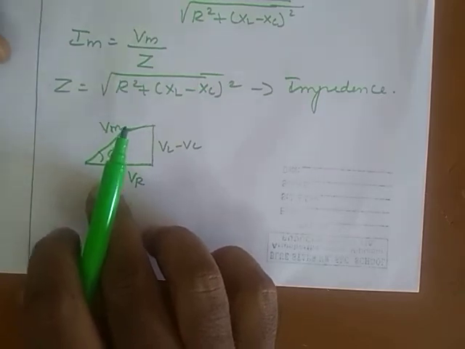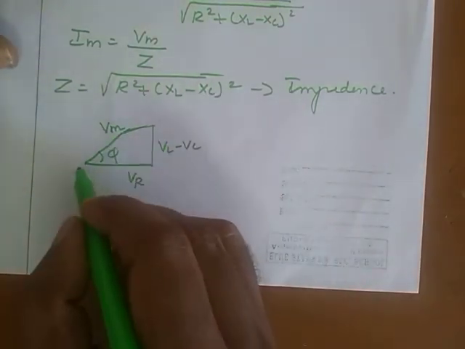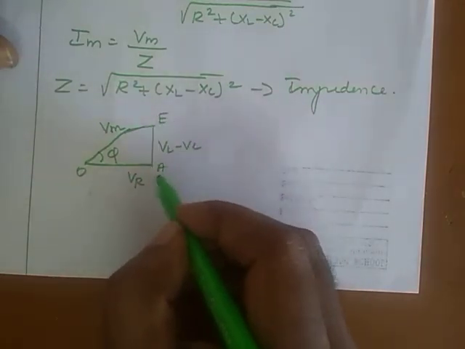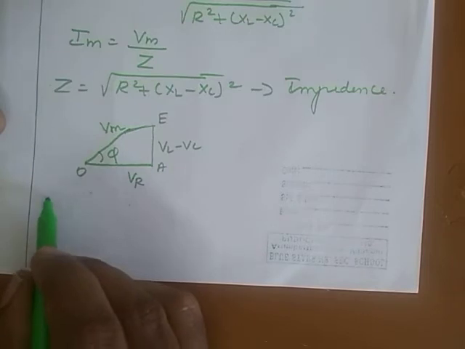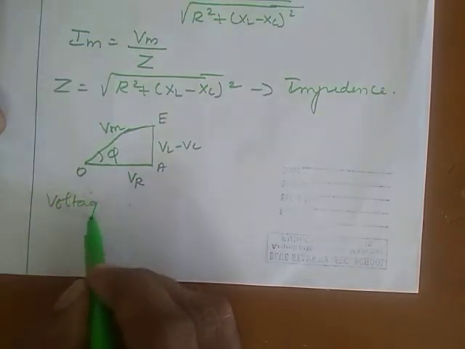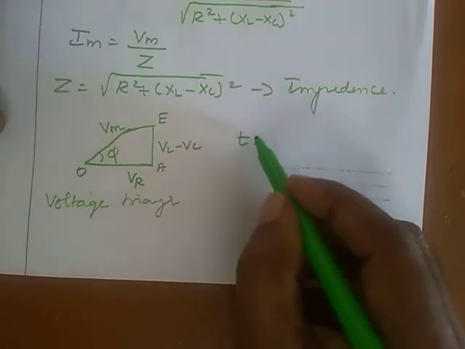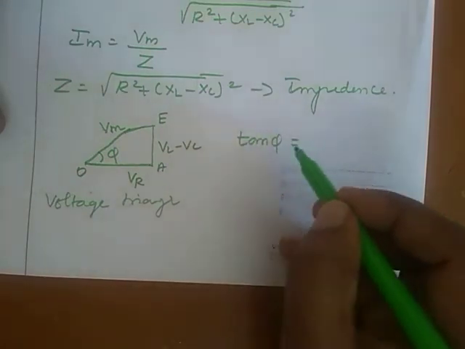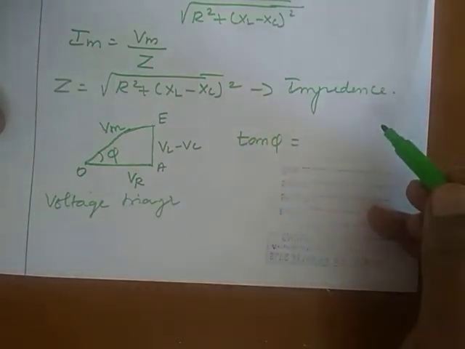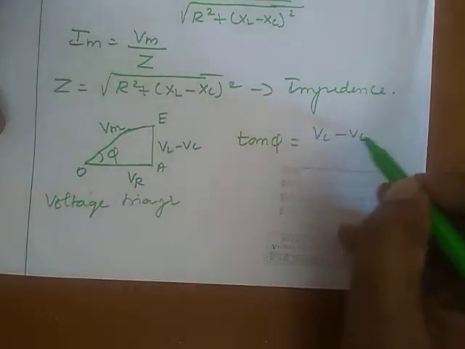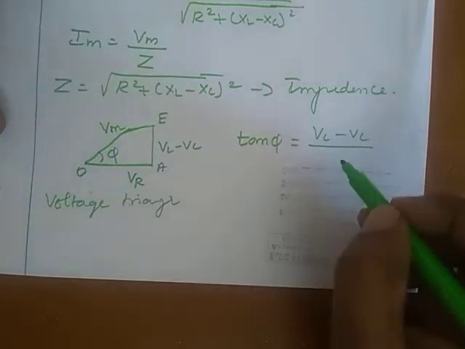We know this point is O, this point is E, this point is A. This is the voltage triangle. For that we find the tan phi value. We know tan theta is equal to opposite side by adjacent side. The opposite side is VL minus VC, the adjacent side is VR.